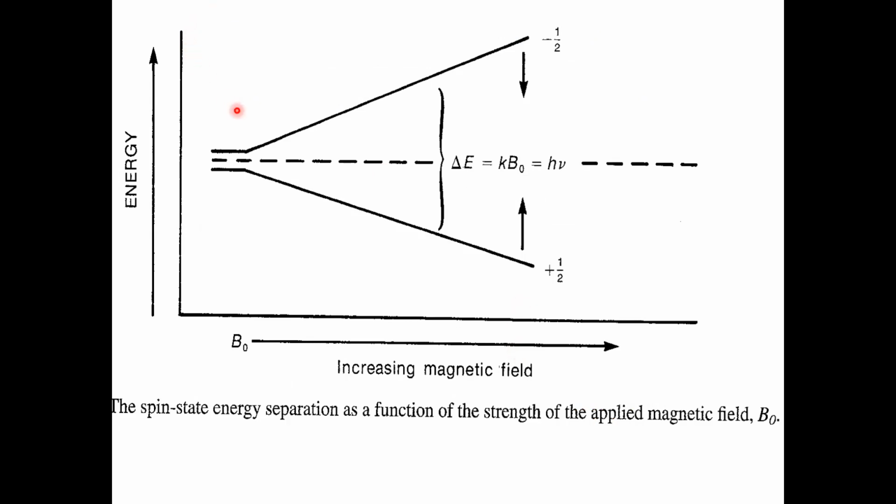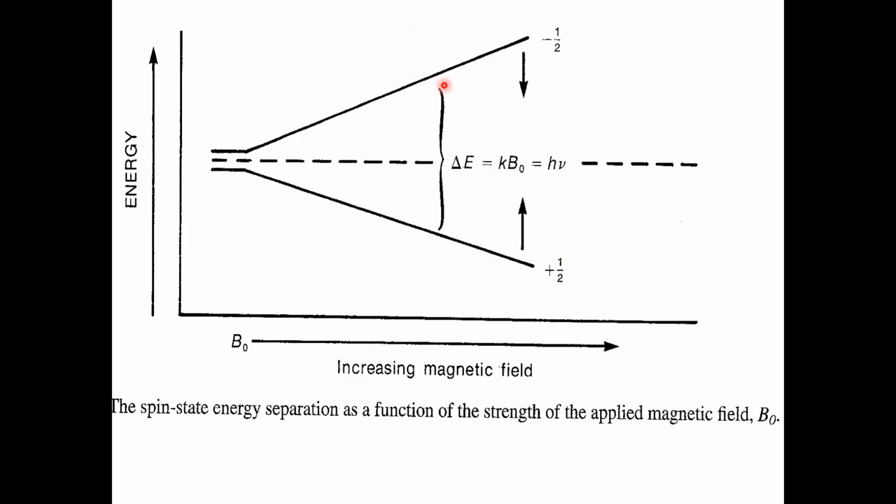Here is the direction of the magnetic field. This proton, for example, spins against the field. It has higher energy, with magnetic spin minus half. Whereas this nuclear spin, aligned with the field, has lower energy.